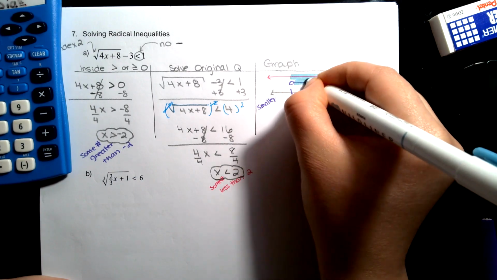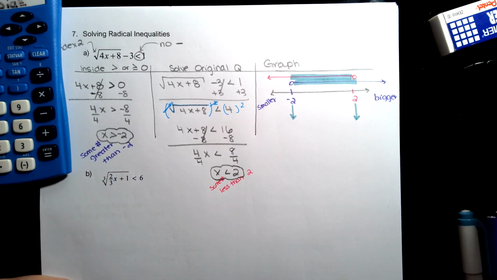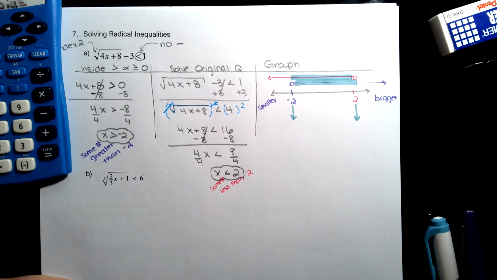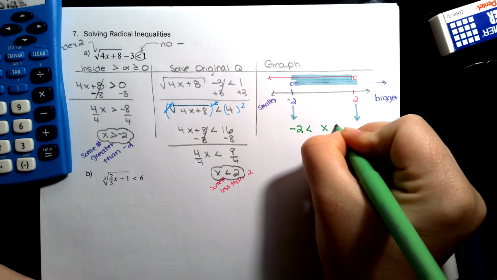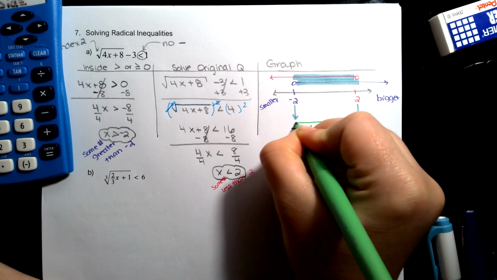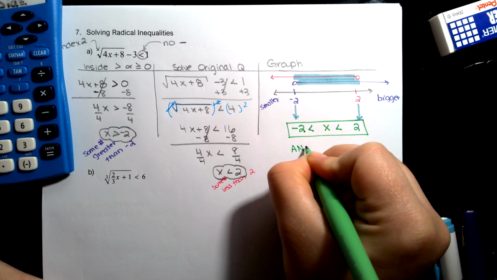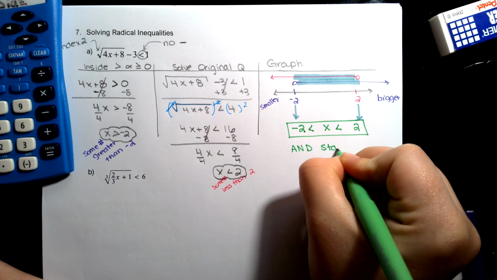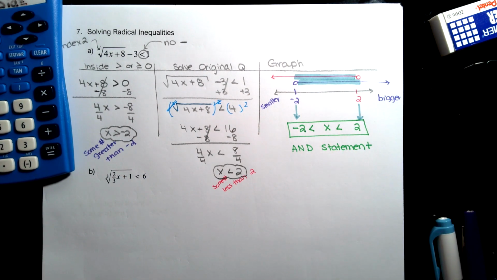So since we have overlap here, that means we have an AND answer, which looks like we're going to take our negative 2 less than x less than 2. This is our answer. This is called an AND statement. And you saw this in Integrated Math 1.